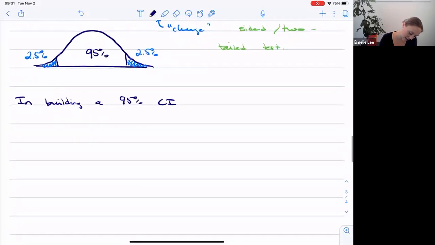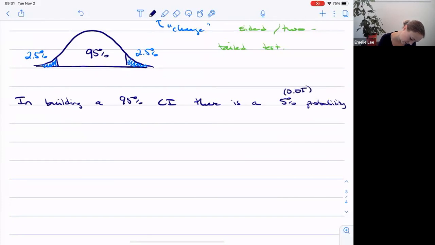And so in building a 95% confidence interval, there is a 5%, I hate to use the word chance because it's not very telling, but there's a 5%, you know what, let's say probability, or 0.05. Probabilities are decimals. That's my holdup. I don't want to talk about percentages as probabilities, but that's fine. They are. But I want you to see the 95 to 5, so that's why.